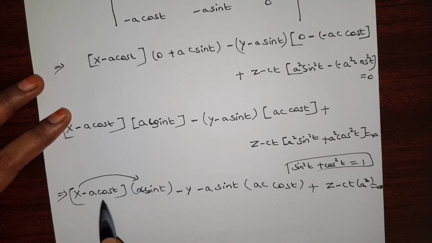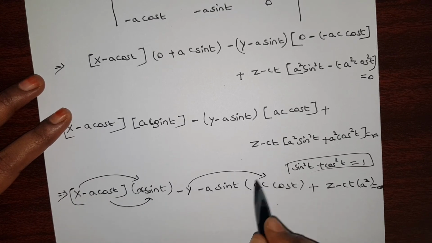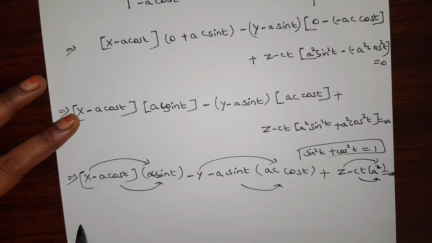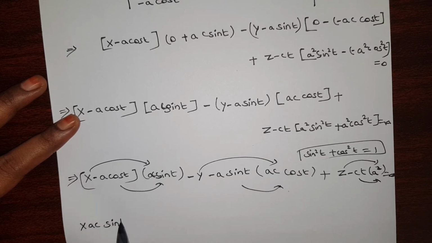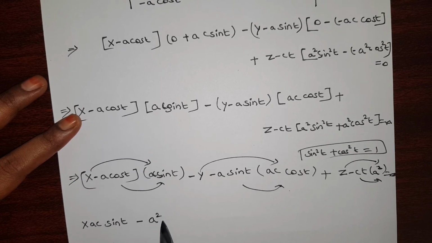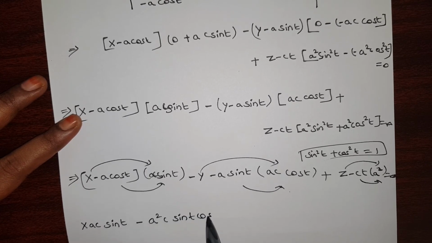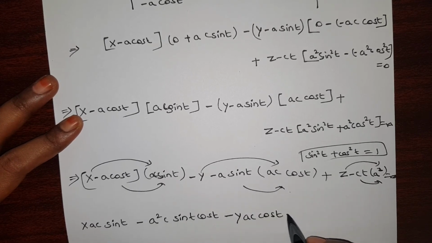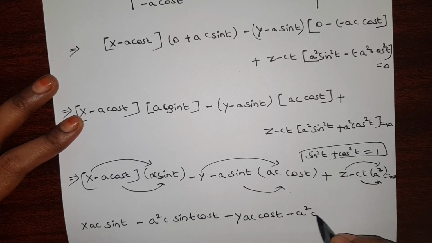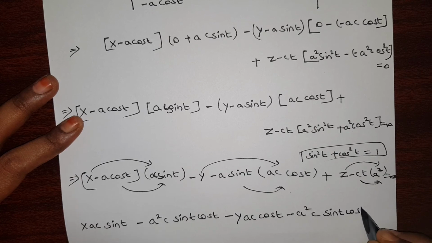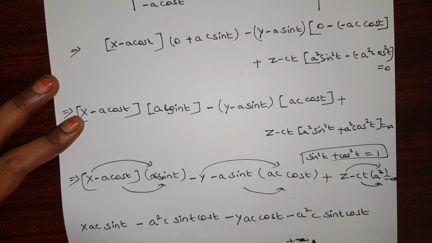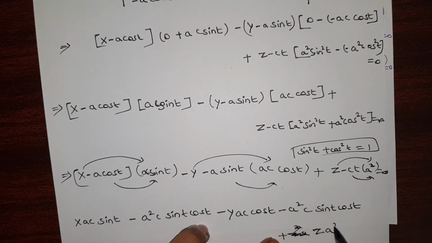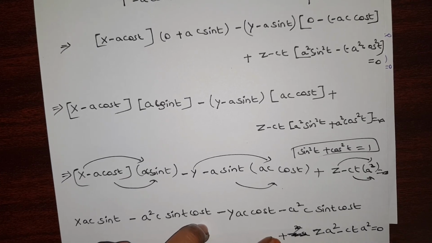Multiplying inside the brackets, it becomes x a c sin t minus a square c sin t cos t, minus y a c cos t plus a square c sin t cos t, plus z a square minus ct a square equal to 0.